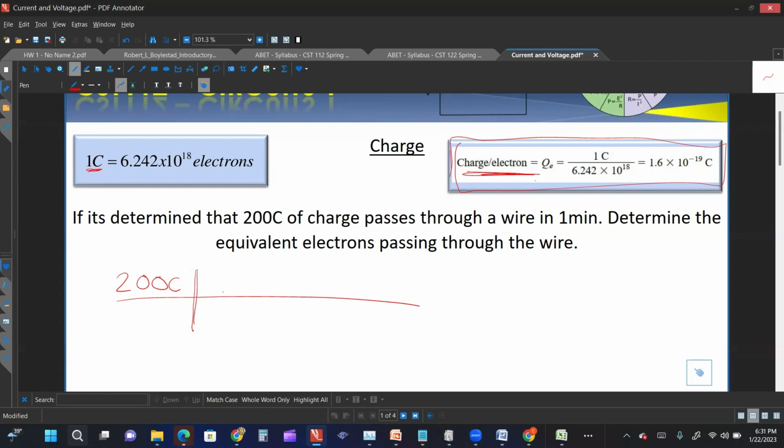All right, so we have 1 coulomb on the bottom, 6.242 times 10 to the 18 on the top. And so our coulombs cancel out, and what we're left with is 200 times 6.242 times 10 to the 18 electrons.